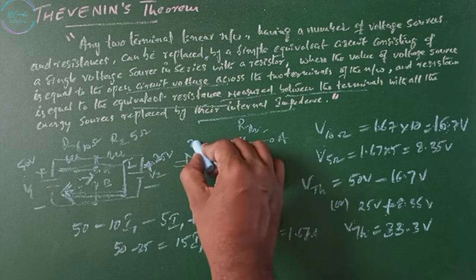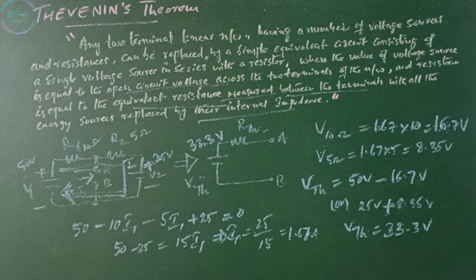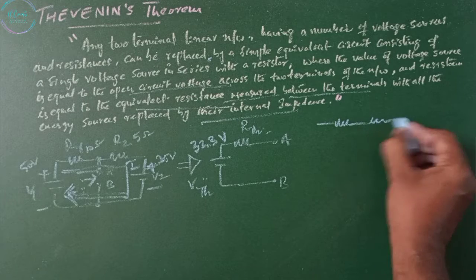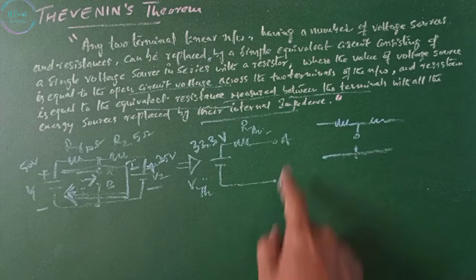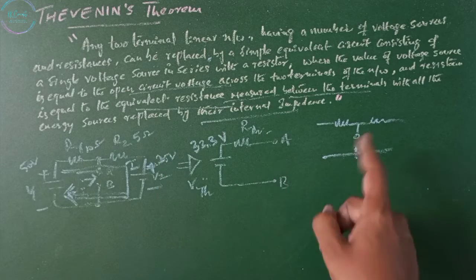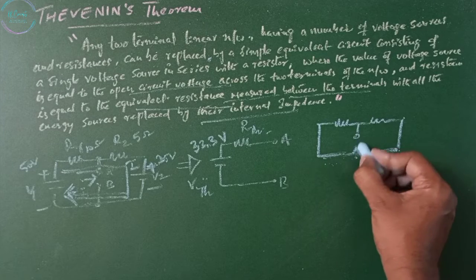So in both the cases, we find that VTH equals 33.3 volts. These are Thevenin's voltage. Now let us find out the value of RTH. RTH is the equivalent resistance measured between the two terminals with all the energy sources replaced by their internal impedances. So we have the voltage sources, so I am short circuiting these two.